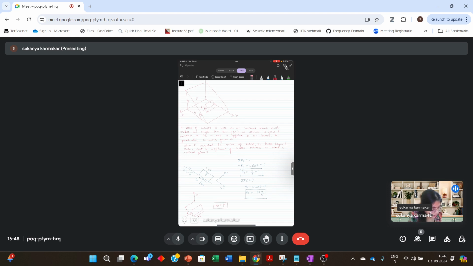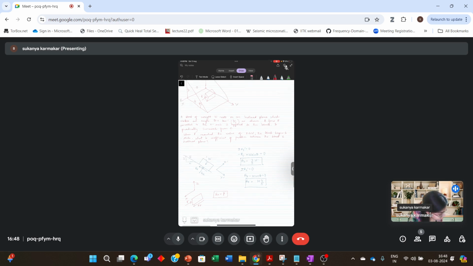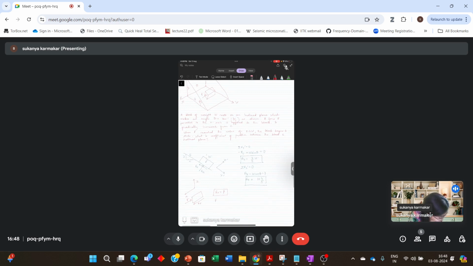Fx is the restricting force in this direction. What will be the total friction force? The total friction force, which I am calling Fs, will be the resultant of this Fx and this Ft. So the square root of Fx square plus Ft square.